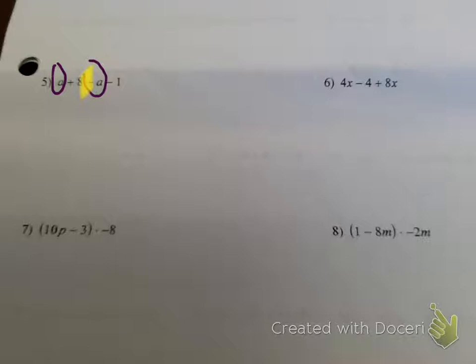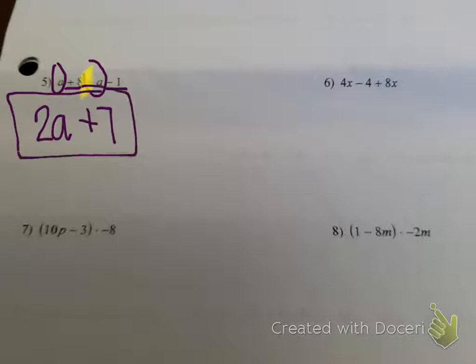So a plus a would be 2a, and then 8 and negative 1 make 7. And 2a plus 7 is my answer because I cannot combine a's and 7's.